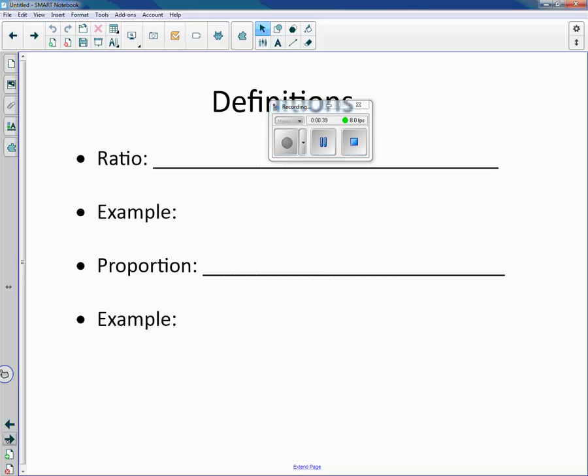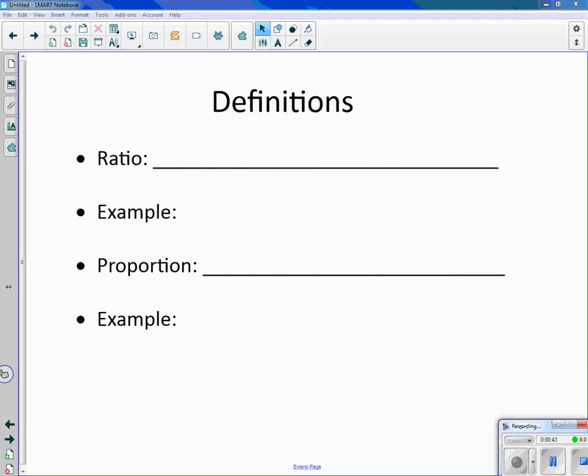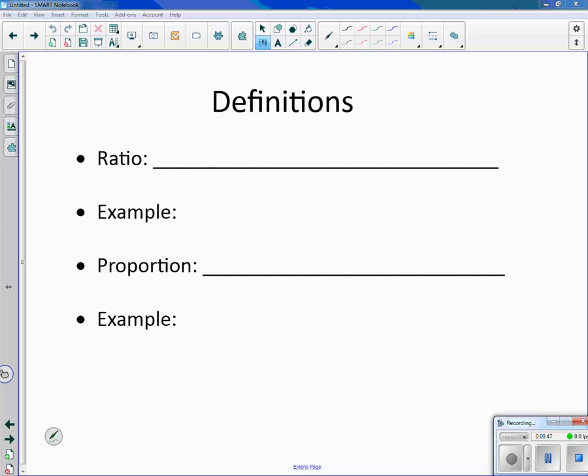All right, so let's talk about the definition of a ratio. A definition of a ratio is the comparison of two things. That's all it is. Comparison of two things.